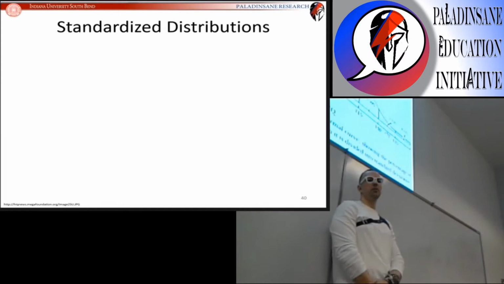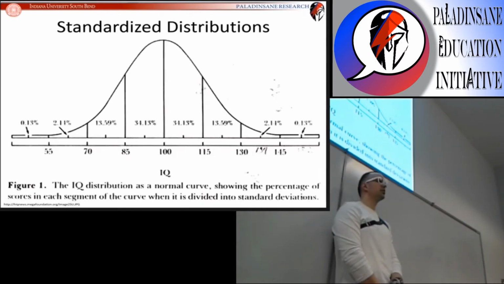For example, IQ scores are one of the most famous standardized distributions, because whatever score you get on an IQ test, they transform that so that it is in the distribution that has a mean of 100 and a standard deviation of 15.